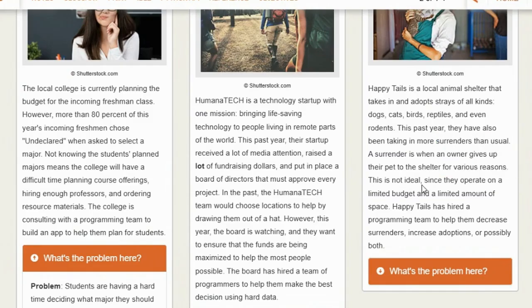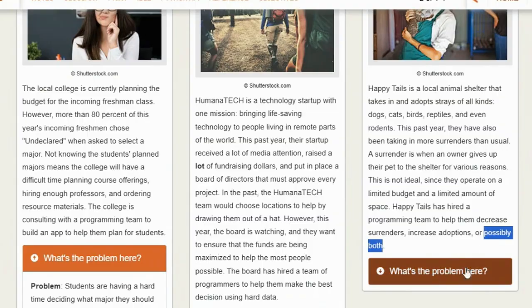This is not ideal since they operate on a limited budget and a limited amount of space. Oh, sure. If you have to add on to a building, that's very expensive. So Happy Tales has hired a programming team to help them decrease surrenders, increase adoptions, or possibly both. I would think ideally both.